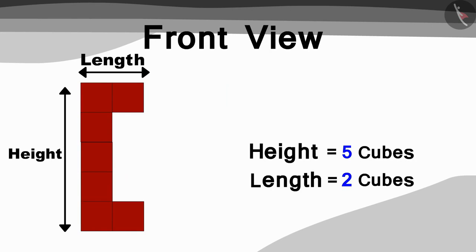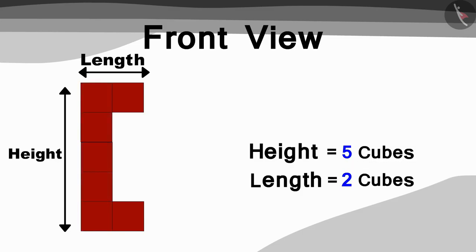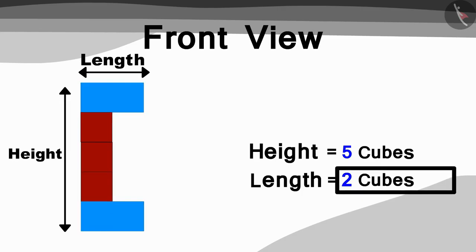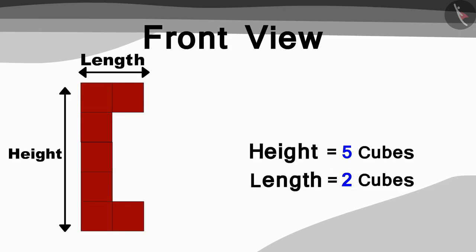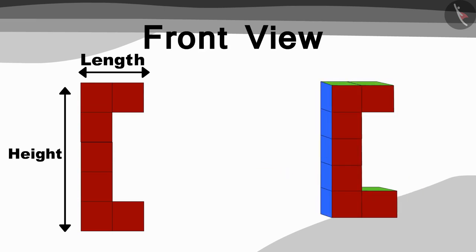Your answer is absolutely correct. The height of the model is 5 cubes and the length of the model is equal to 2 cubes. So, they created a model in this way using cubes.